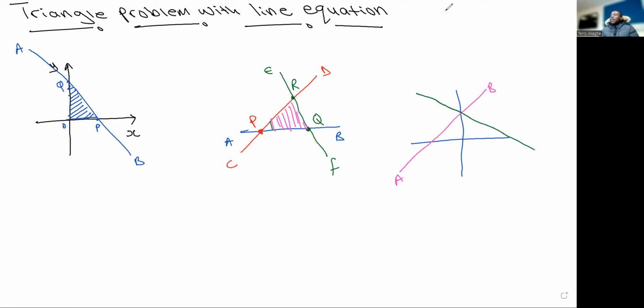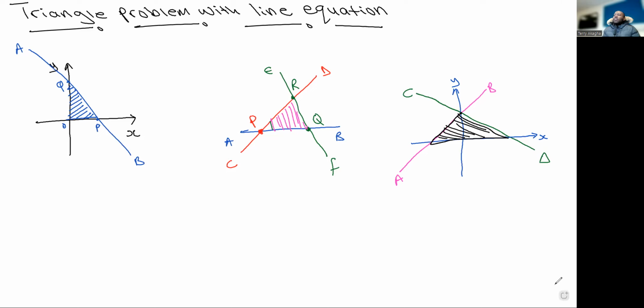This is the x-axis and this is the y-axis, and we have this line here, let's call this line CD. You also notice that we have another triangle here. Are you seeing the triangle here? So that's where you could be asked, all right, we have this triangle, what is the area of the triangle? What is the perimeter of the triangle?